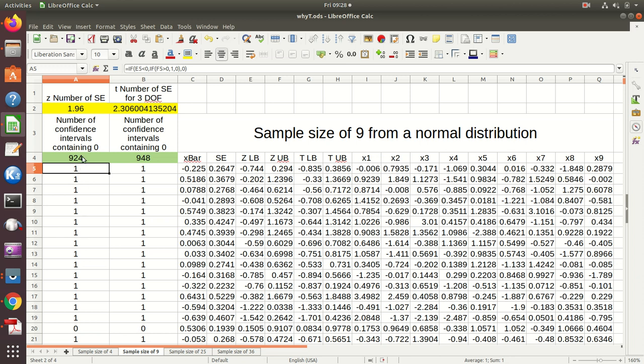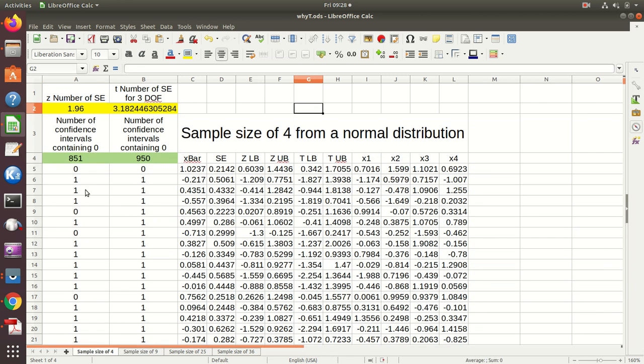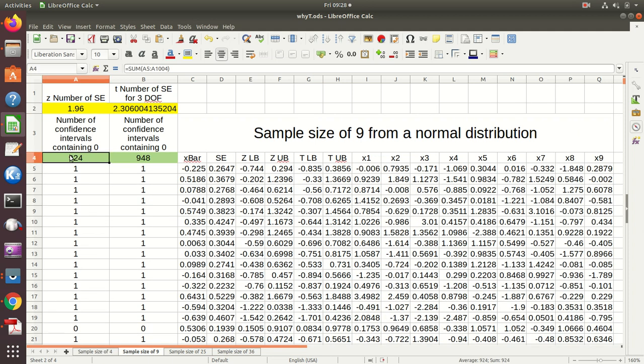And notice, we're doing a little better. We got 924 this time, as opposed to with the sample size of 4, we only had 851. So it's getting closer to the 950.